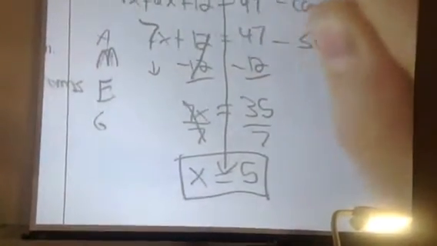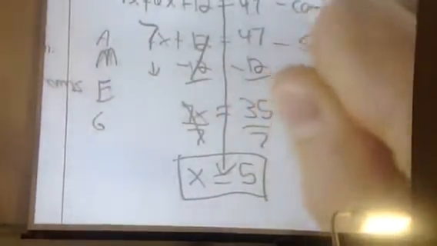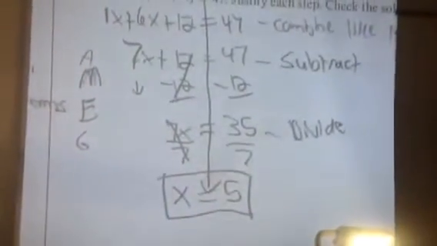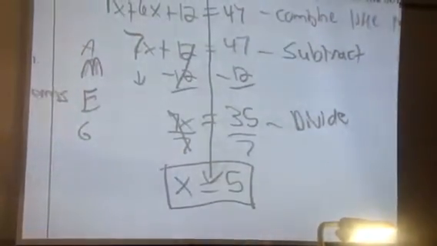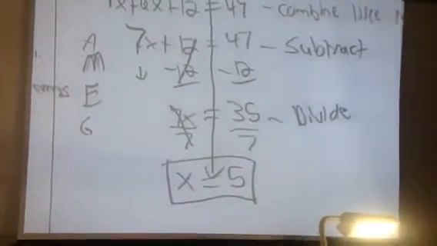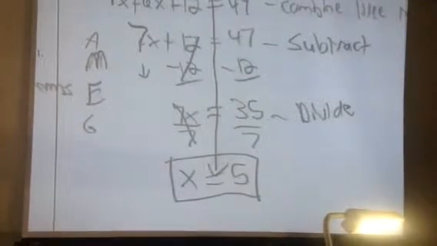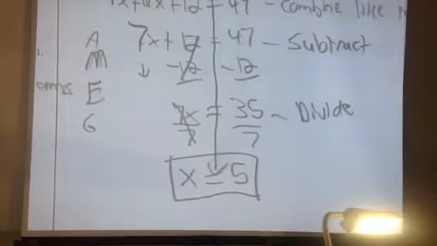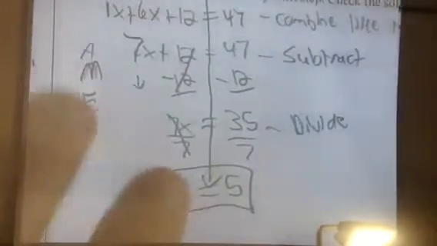Again, let's go back and justify exactly what we did. We combined like terms, then we subtracted, and we divided. Make sure if you have any sort of operations that need to be simplified, you simplify them. That's either distributive property or combining like terms. You simplify those before you start adding or subtracting. Then you can follow your inverse order of operations.